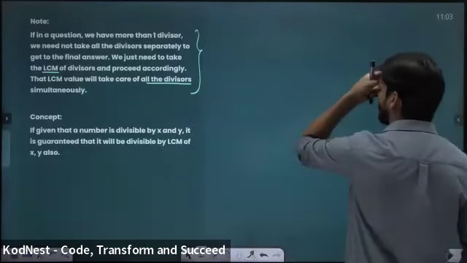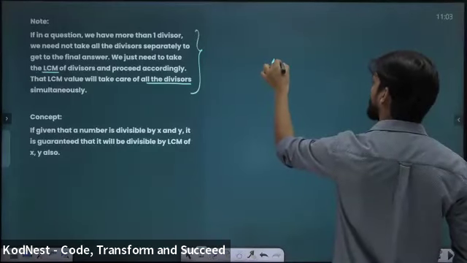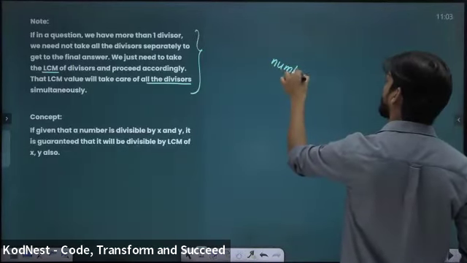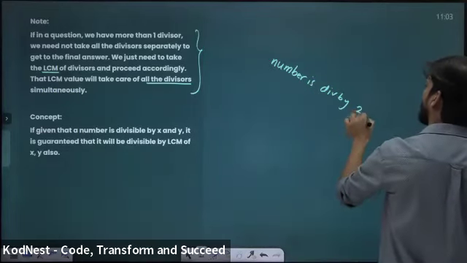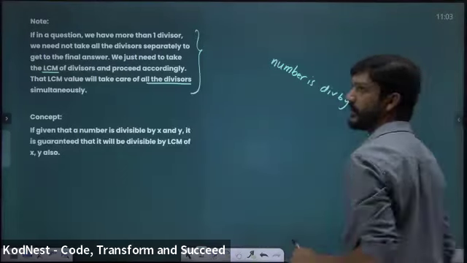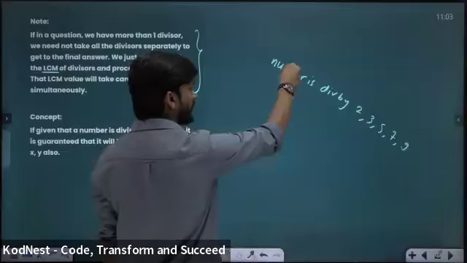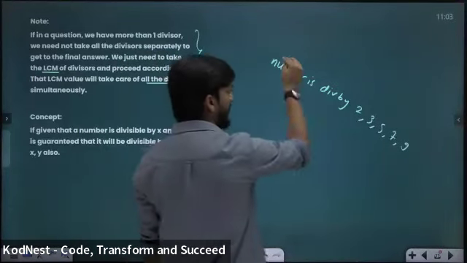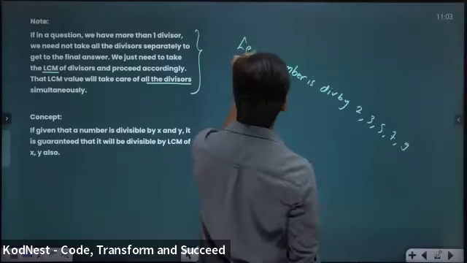Please carefully understand this way. Suppose there is a question like: a number is divisible by 2, 3, 5, 7, 9. Find a number, options are there, divisible by 2, 3, 5, 7, 9 and least number.